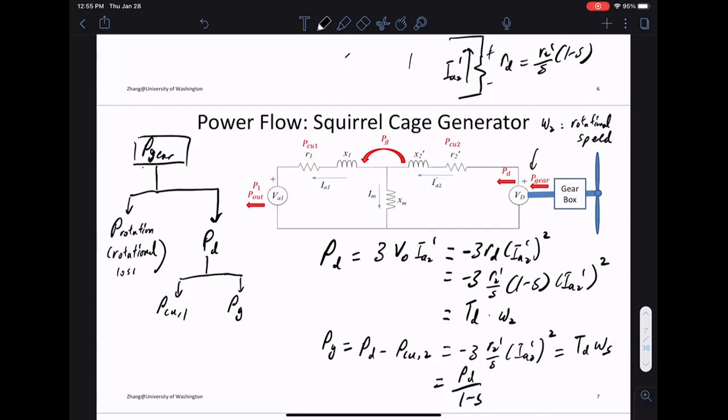All right, so once we get back to air gap power, we have another loss through the first resistor, this resistor on the stator side, and then here we have the power output to the grid, P out or P1. Any questions about this diagram?